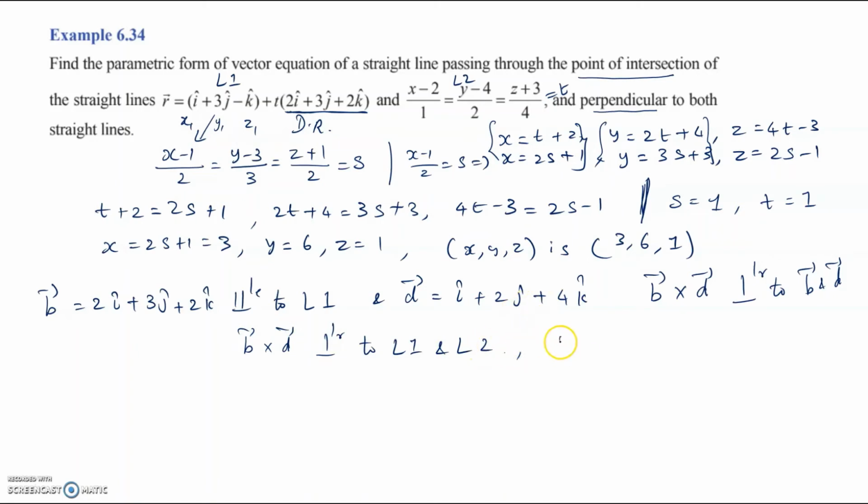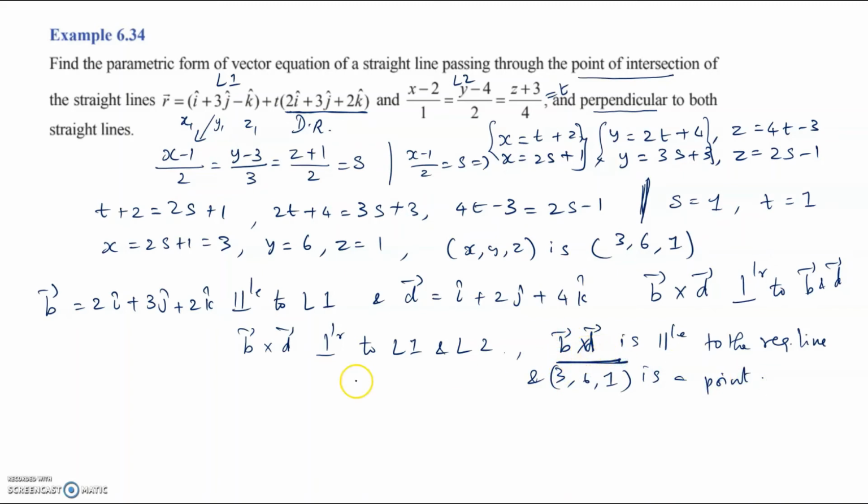So B cross D is parallel to the required line, and our point 3, 6, 1 is a point on it. So we will find the value of B cross D.